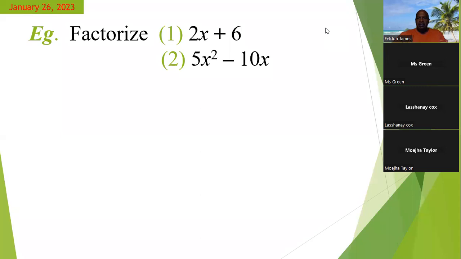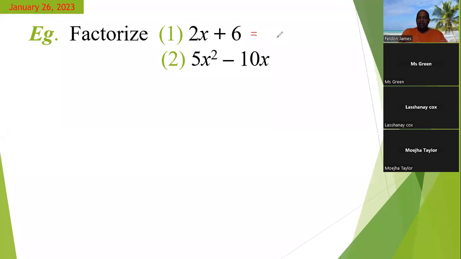Now, let us look at example 1. We first need to find our common factor. When we look at 2x plus 6, what factor would be able to go into 2x and to go into 6?